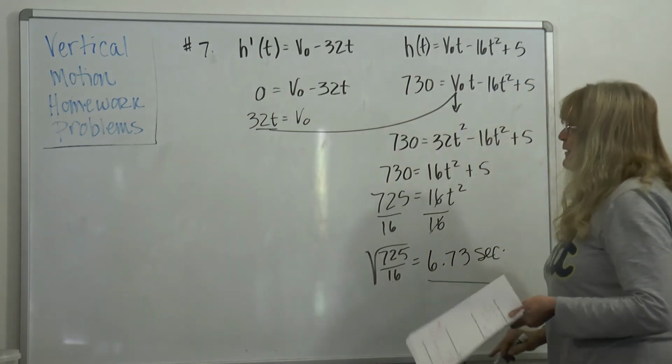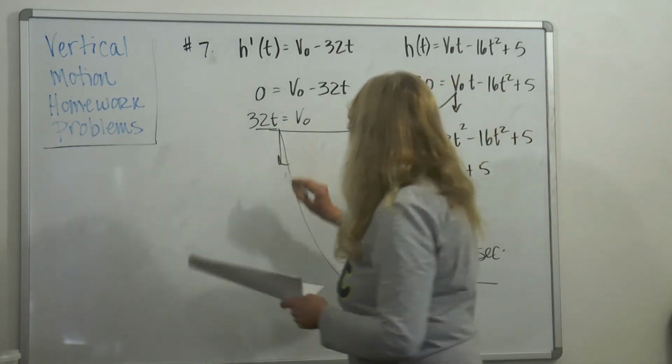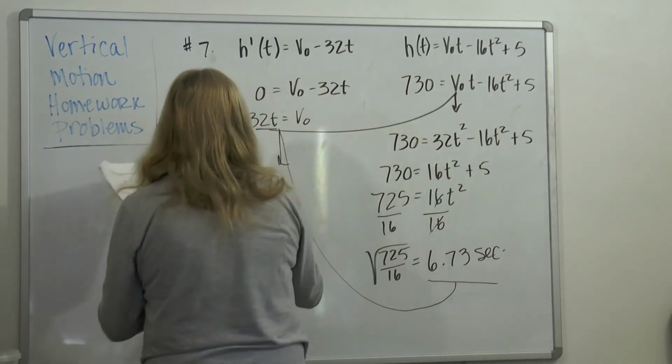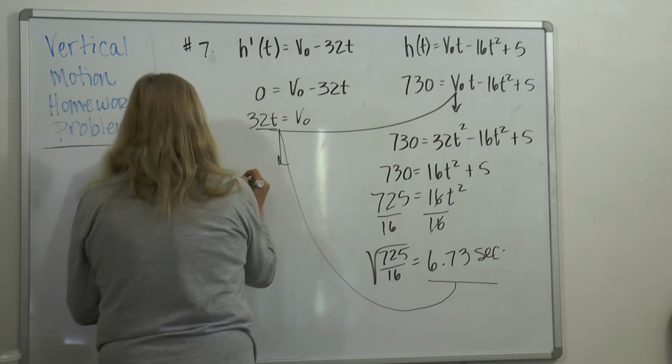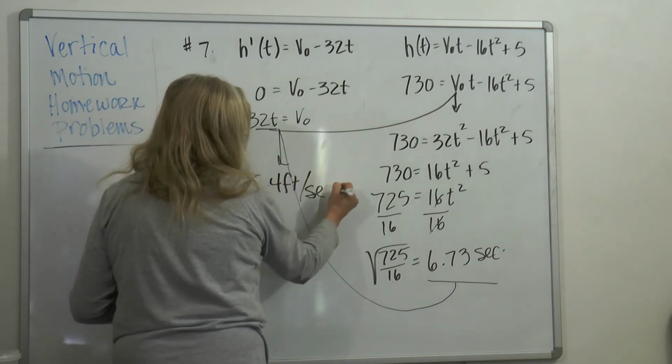Okay, so I get the amount of time it takes to reach max height. Go up here and multiply it by 32, and I get my initial velocity is 215.4 feet per second.